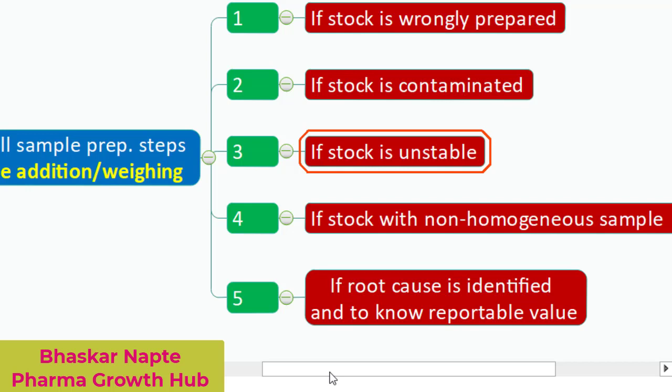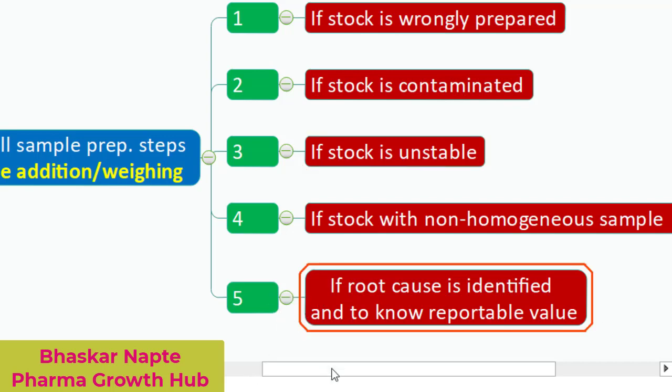And for that reason you can conduct the retesting from the initial onwards, but by using the sample available in the lab. And that is point number 5: if the root cause is identified, and just to know the reportable value, the retesting of the sample must be done. I hope now you are clear in what situation the retesting of the sample can be sought out.